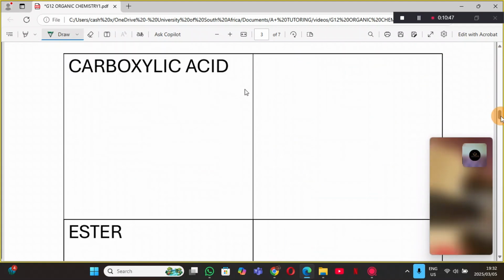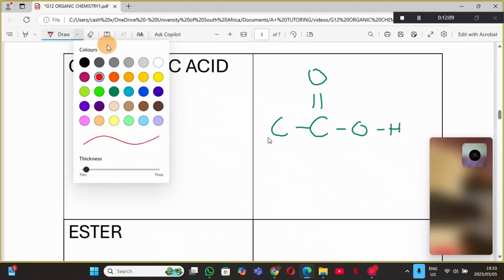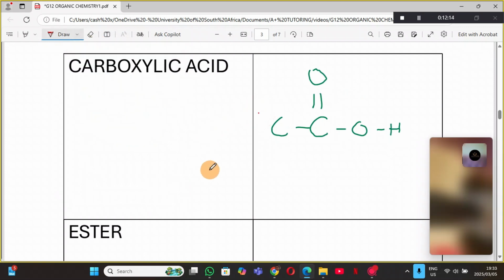So we have a carboxylic acid now. How do you think a carboxylic acid looks? Somewhat like an aldehyde, but it has 2 O's. Okay, so it's just like an aldehyde. Now the difference between a carboxylic acid and an ester, because these are functional isomers just like an aldehyde and a ketone, right?